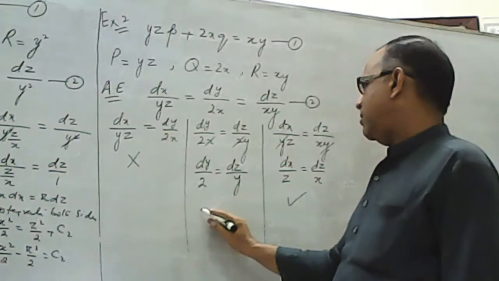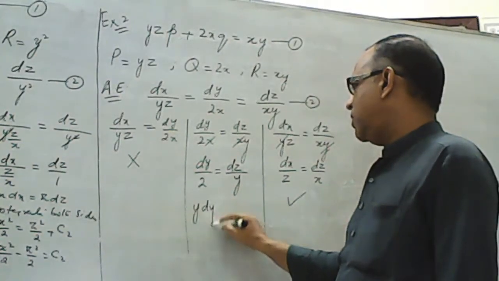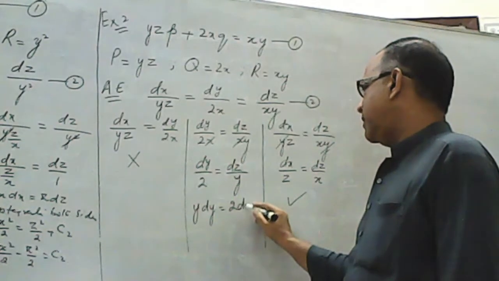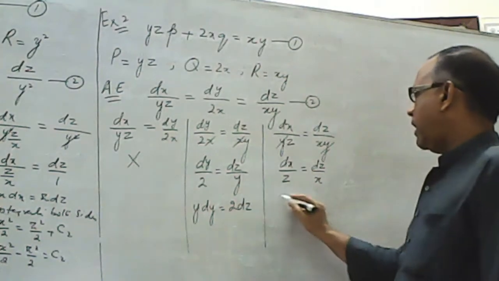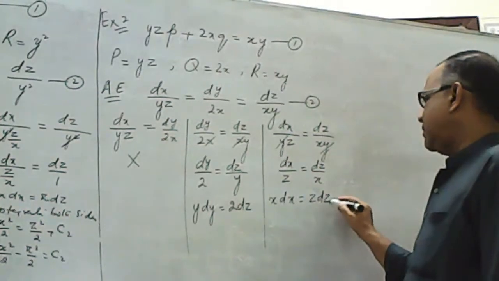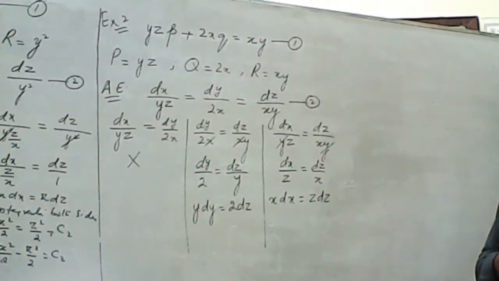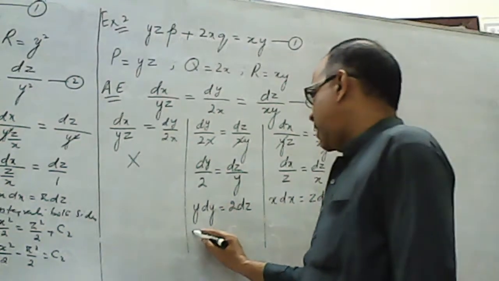So just using separable variable technique, y dy, I am cross multiplying, equals 2 dz, and here I can write x dx is equal to z dz. So both comes out as separable variable cases. So now it's time to integrate.